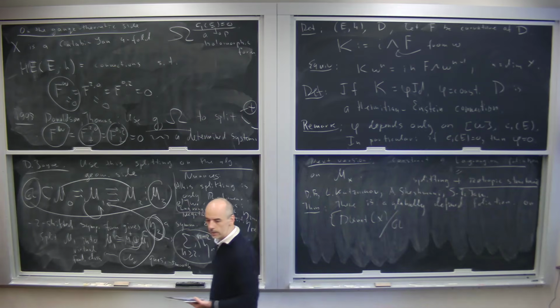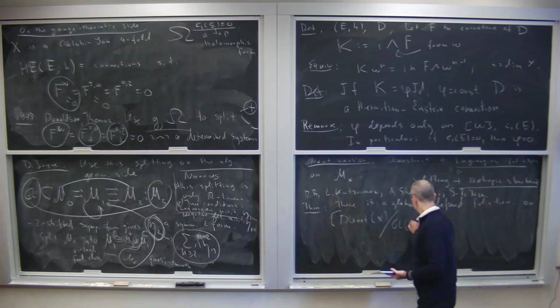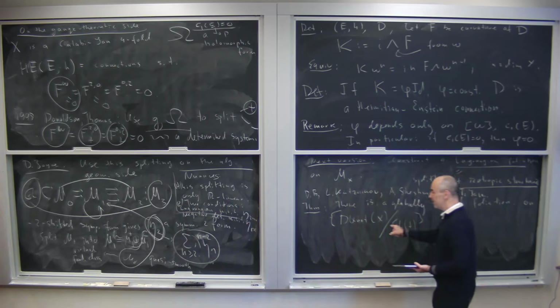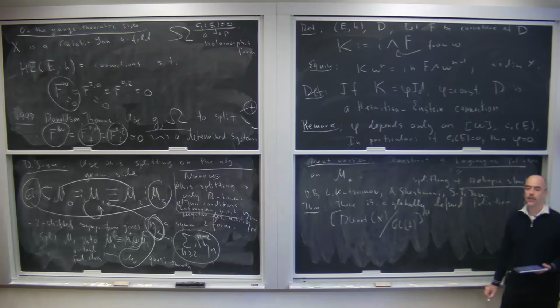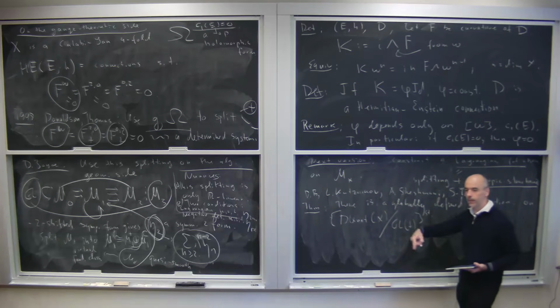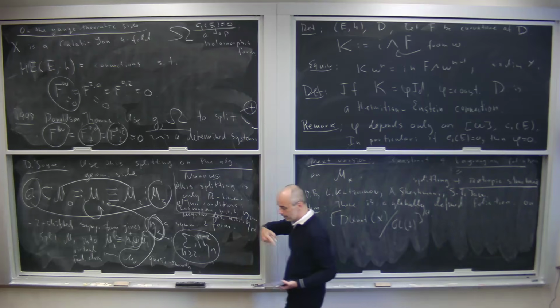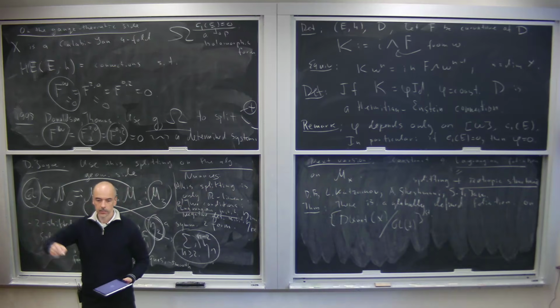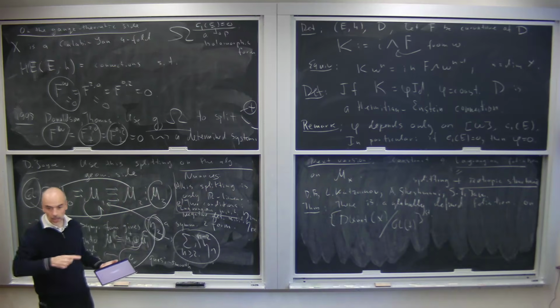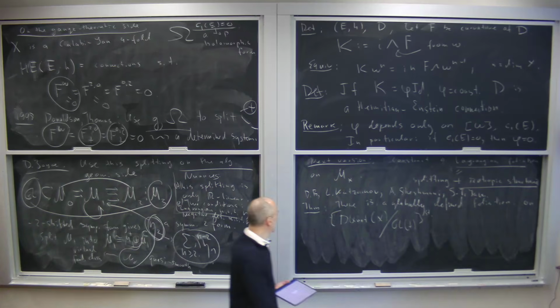I forgot what I wrote, but anyway. So this is a stack, but only on the stable part, the part where you have just the multiplication by constants at each point. So that's the stable part.